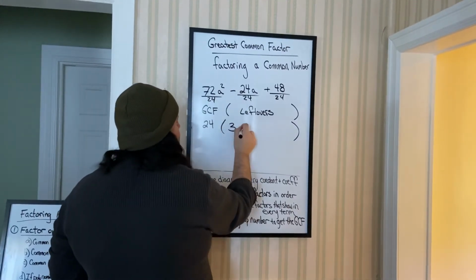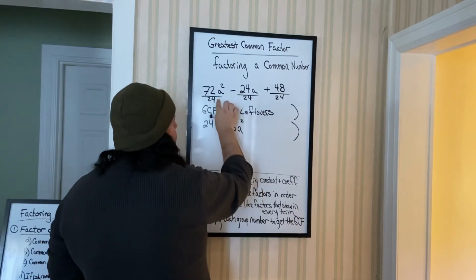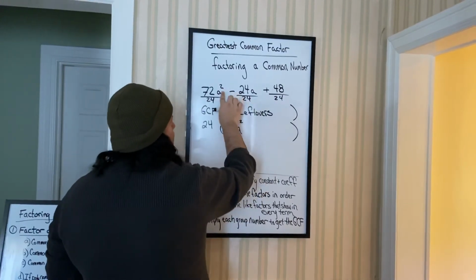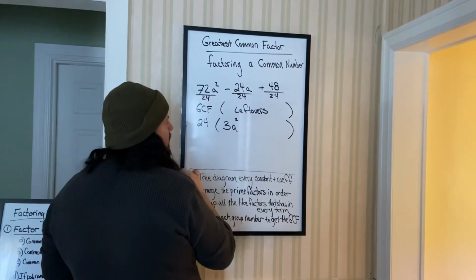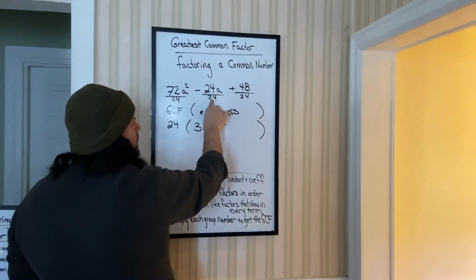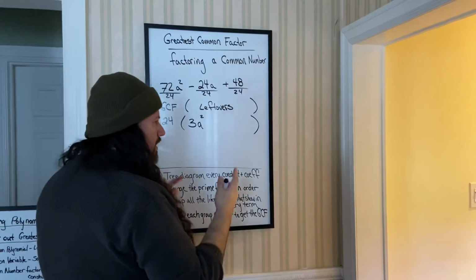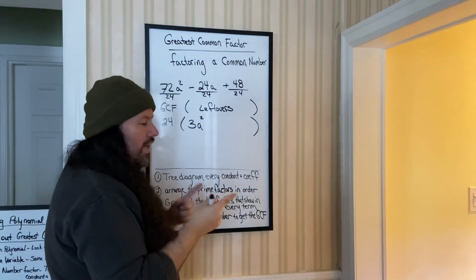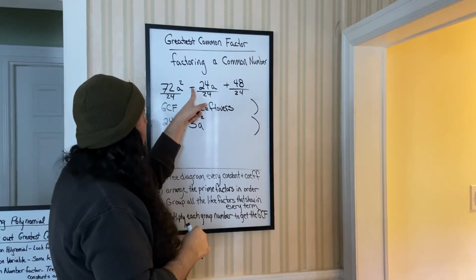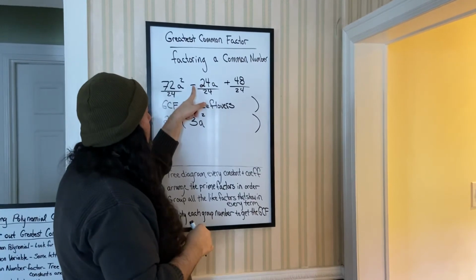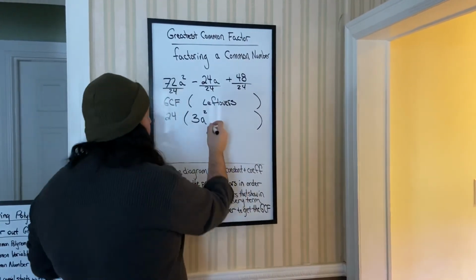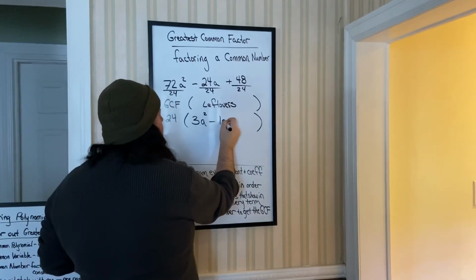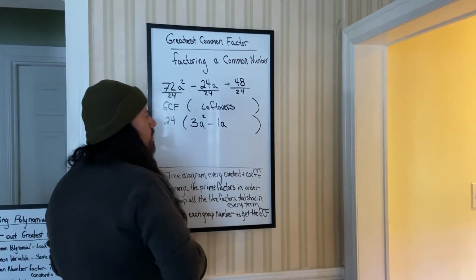And then you're still left with the a squared. Because remember, we don't have a common letter, so a squared versus no a's, you still got 2 a's left on top. Here, 24 and 24, remember, 24 divided by 24 is 1a, so you can either put negative 1a, or you know that you don't have to put this here, and you can just say negative a. So either negative 1a or negative a, both will work.